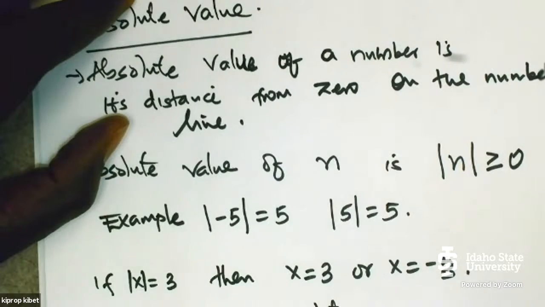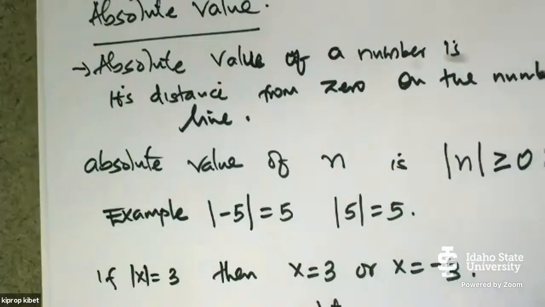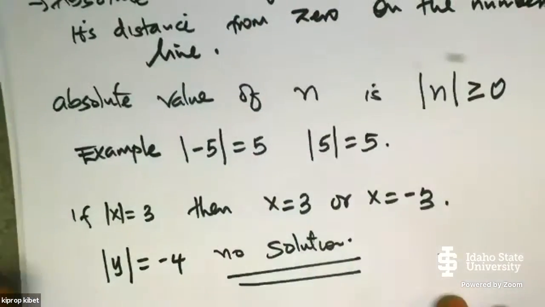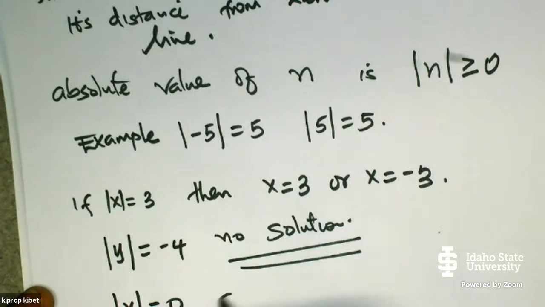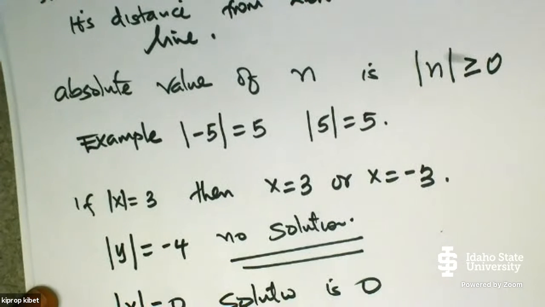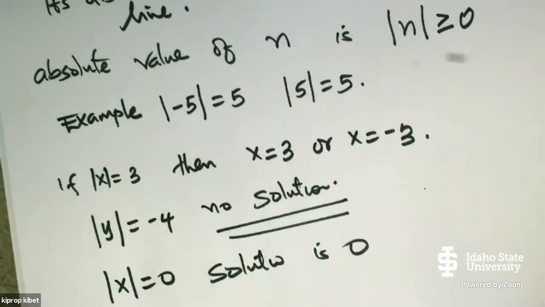Now if the absolute value of x equals 0, what will be the solution there? The solution is 0, because the absolute value can be 0 or any positive number.